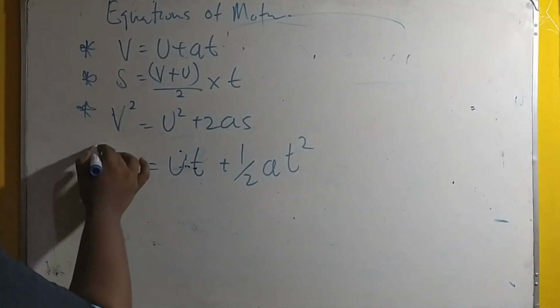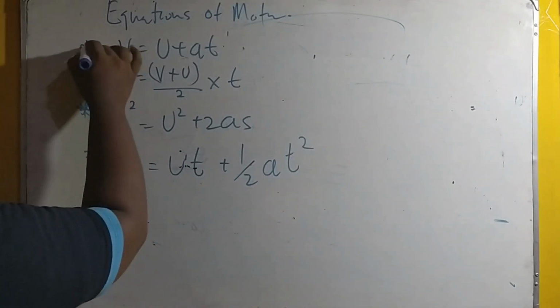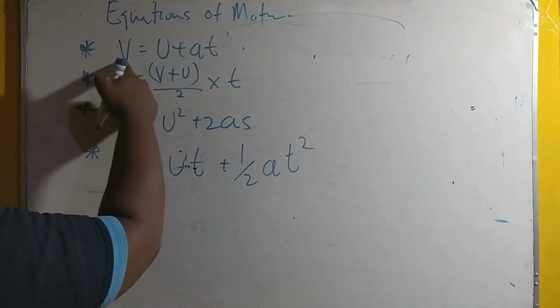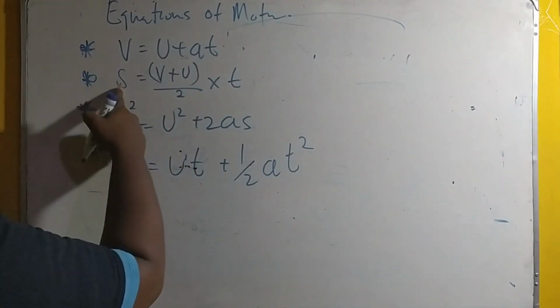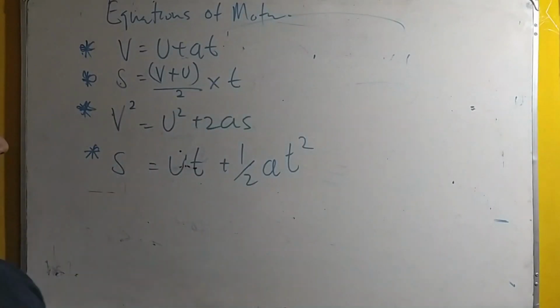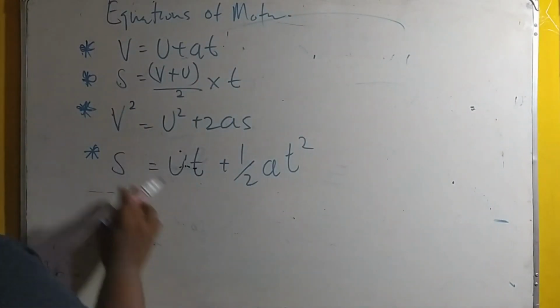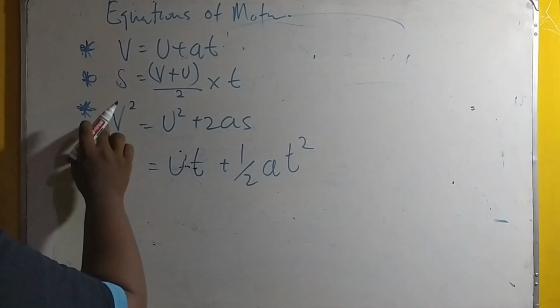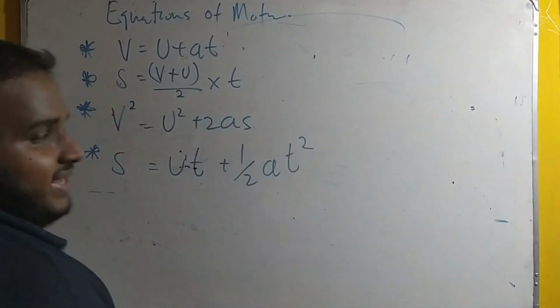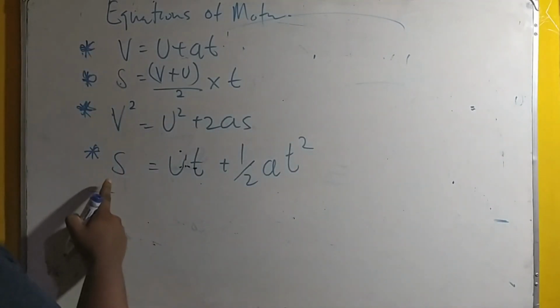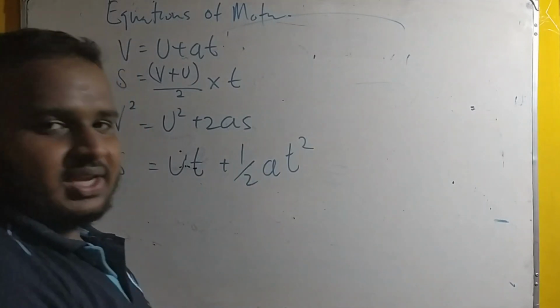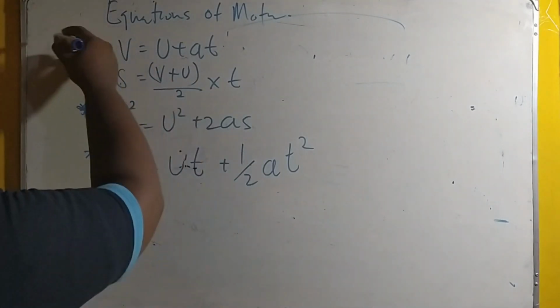So I have introduced you to 4 different equations. The first equation is v is equal to u plus at. Second one, S is equal to (v plus u) divided by 2, into t. Third one, v squared is equal to u squared plus 2as. Fourth one, S is equal to ut plus half at squared. So these are the 4 equations.